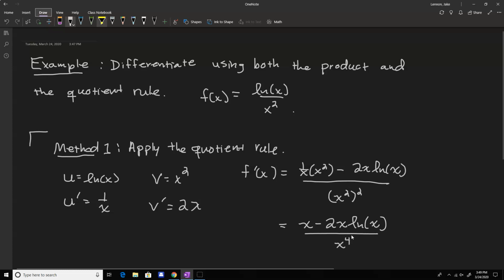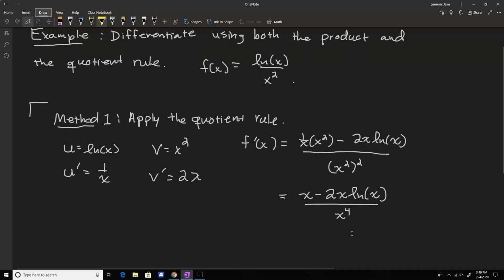And you might see you could even perform some simplification here. A lot of times there might be some simplification you could perform just because the quotient rule is set up in a way so that your entire thing is set up as one fraction over a common denominator. So what is the simplification? Well, I could actually factor out an x on top and get 1 minus 2 natural log of x over x to the 4th.